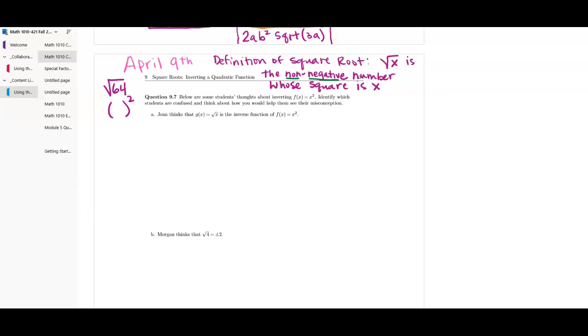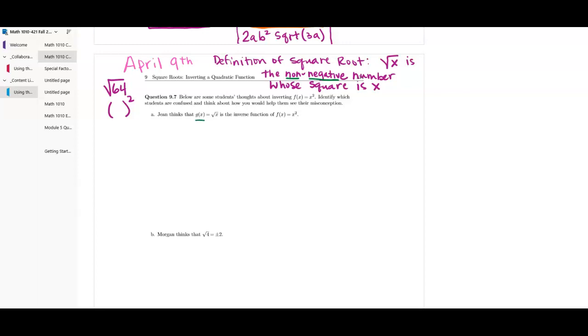Okay, but let's look at this first one. These are just some students' thoughts about inverting that function of x squared. We talked yesterday about the inverse a little bit, and some of these students don't have it quite right, so we want to fix some of their misconceptions here. Jean thinks that g of x equals the square root of x is the inverse of f of x equals x squared.